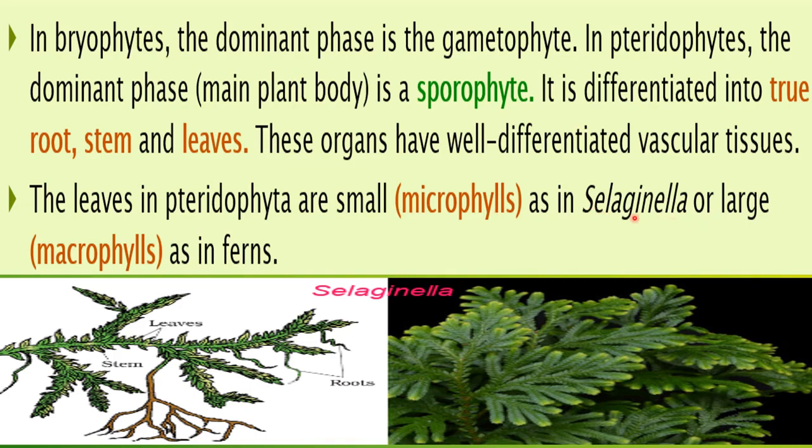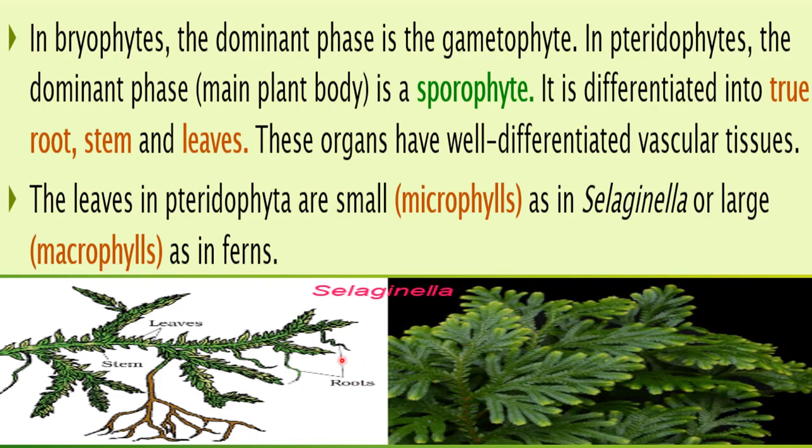Okay, Selaginella is an example of a pteridophyte, and here microphylls means small leaves are found, or these can be large, which are called macrophylls. Macro means large, phylls means leaves. Okay, and example is in ferns. So these are two examples: Selaginella, in which microphylls are found, and second, ferns, in which macrophylls are found.